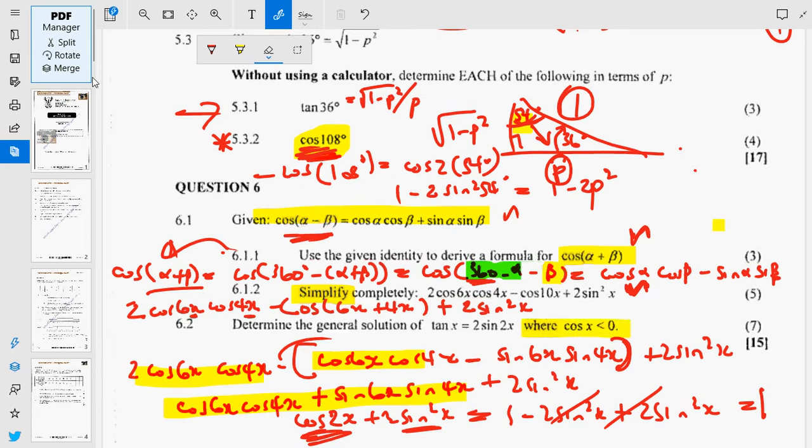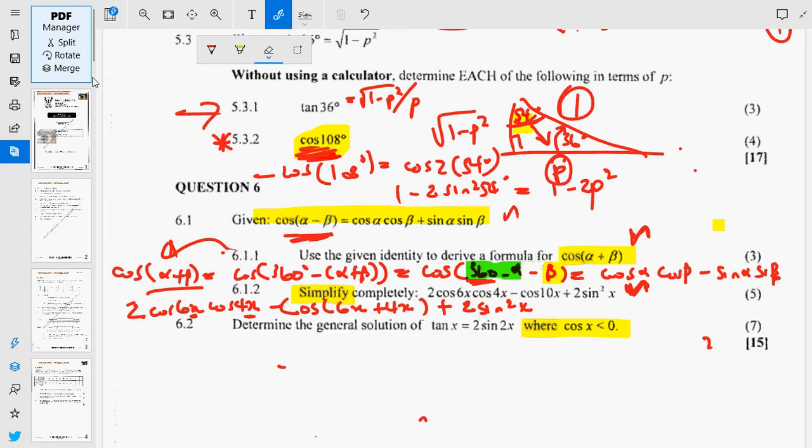So the first thing you're going to do is to write your tan as sine x over cos x and write your sine double angle. So you're going to have sine x over cos x is equal to 4 sine x cos x. Now 4, because 2 times 2, because you say 2 and you still have to multiply by 2 of the double angle, so it's going to be 4.